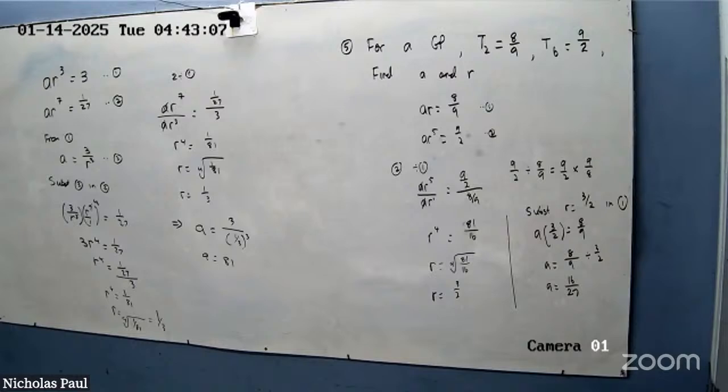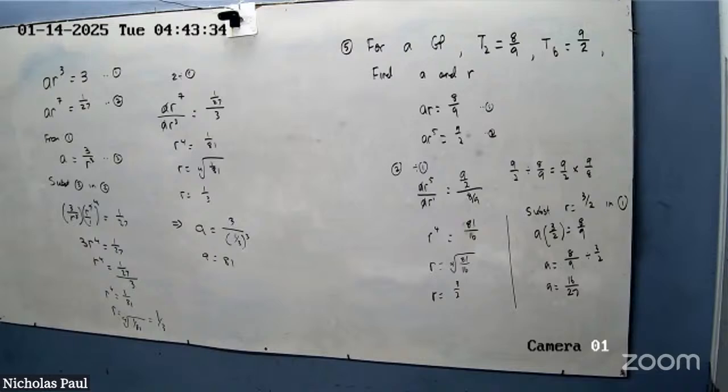Let me reinforce the explanation here again. Let me start with line 1 and 2. You understand where ar came from? That's the second term. And you understand where ar to the 5th came from? That's the 6th term. What you normally do when you have to solve simultaneously is divide.